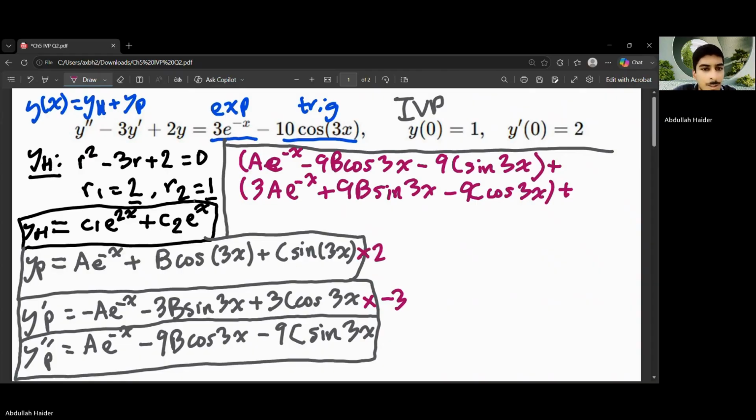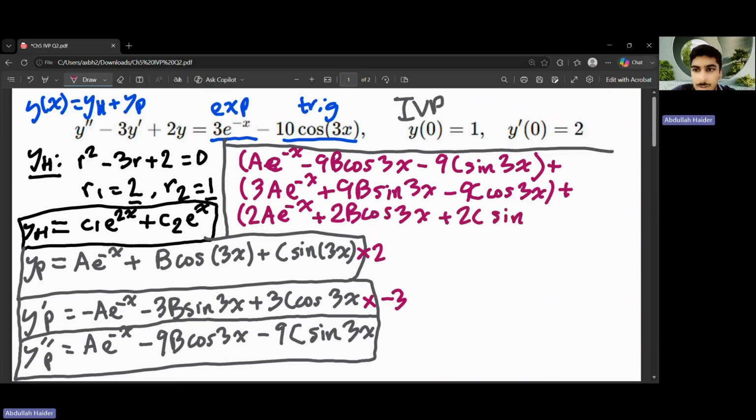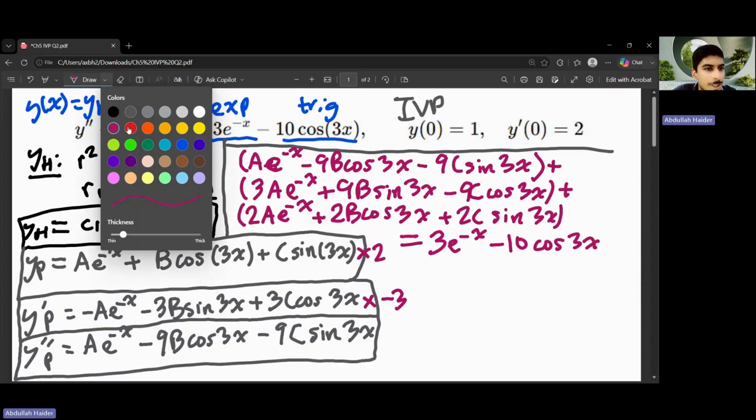You get 2a e^(-x) plus 2b cosine 3x plus 2c sine 3x. All of the above is equal to 3e^(-x) minus 10 cosine 3x.